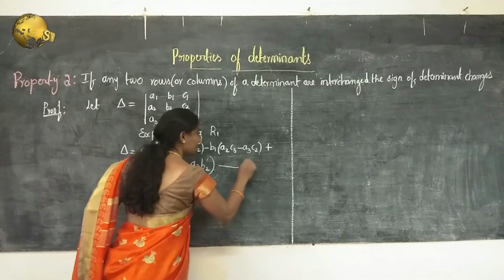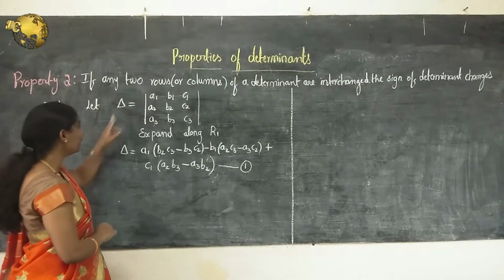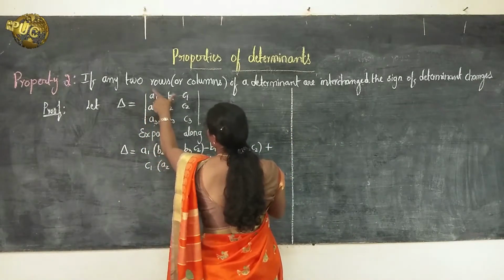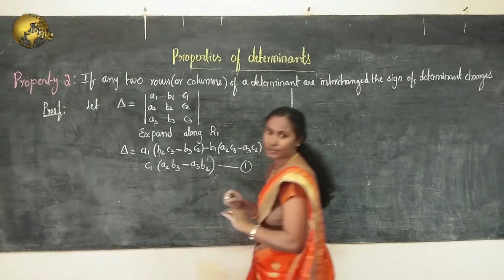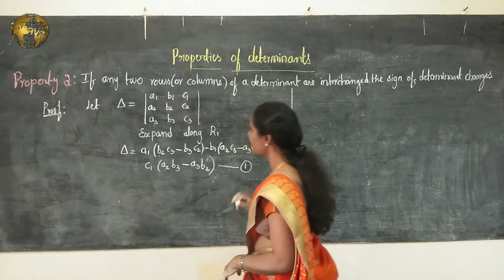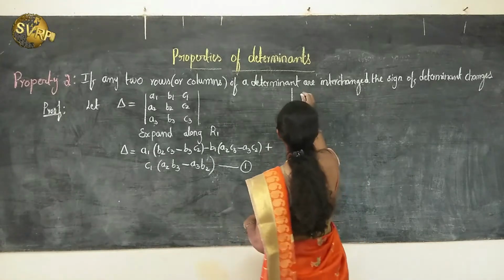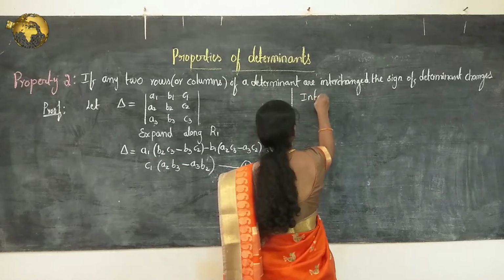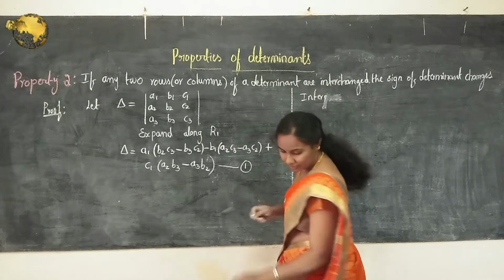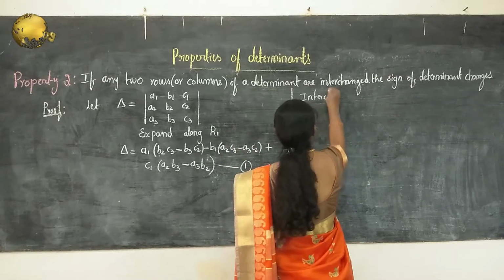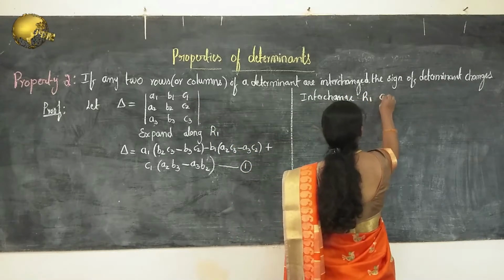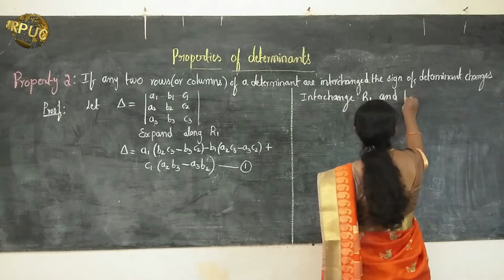We'll take this as 1. Now we'll go for delta 1. Here I interchange two rows.